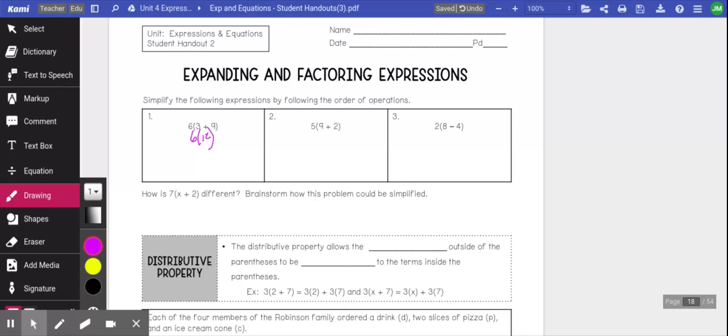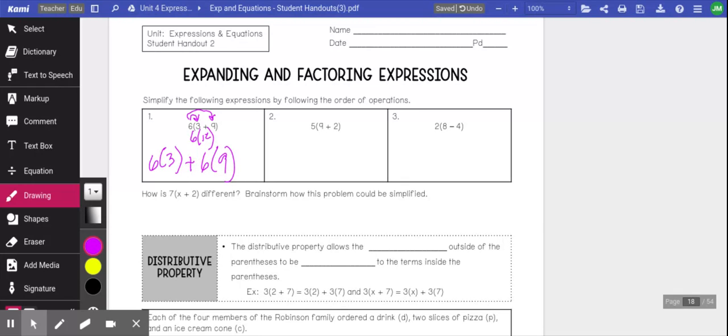Basically, the other way I could do this is if I was using the distributive property, I could go ahead and take the 6 from outside and multiply it times the 3, and then again take that 6 and multiply it times the 9 on the inside. So I would end up with two different multiplication problems, 6 times 3, and then I would add that to 6 times 9.